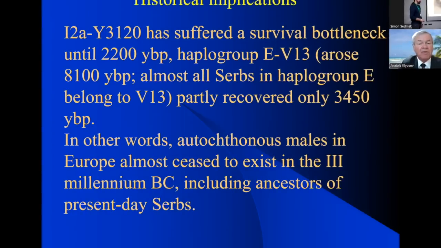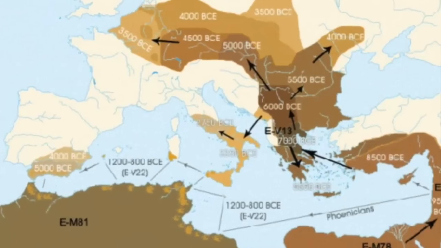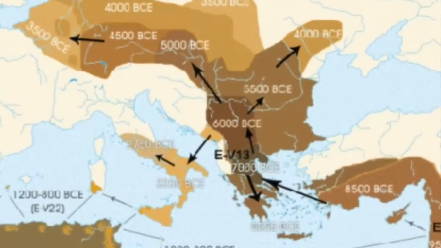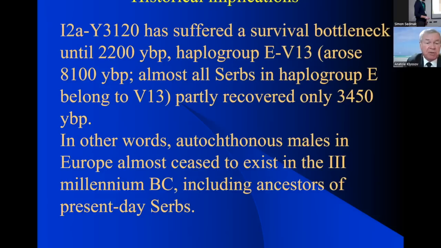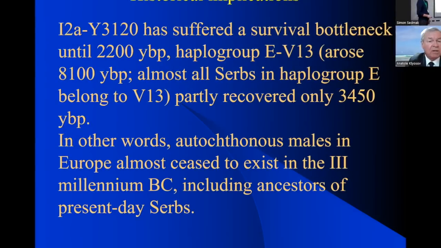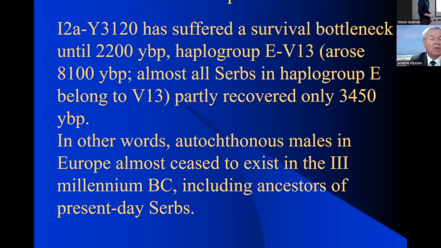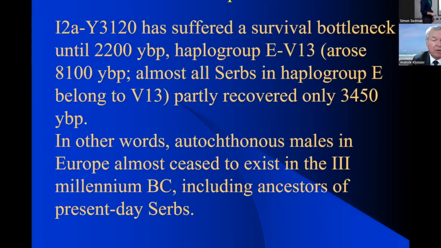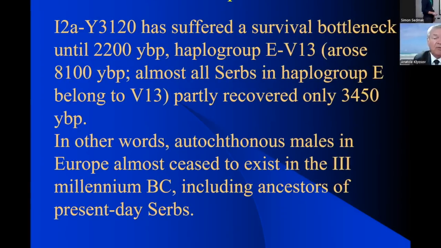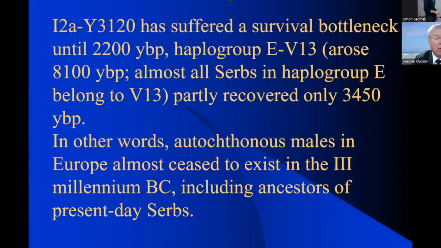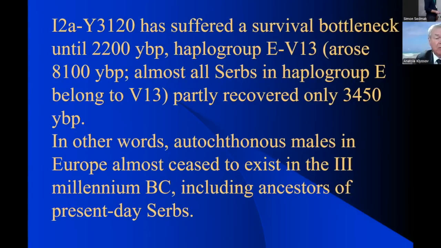Haplogroup E, V13, remember the third in number among bearers in Serbia, also disappeared a bit later, because V13 arose 8,100 years ago. However, the survivors recovered only roughly 3,500 years ago. Again, there is a gap between 8,100 and 3,500 years ago.